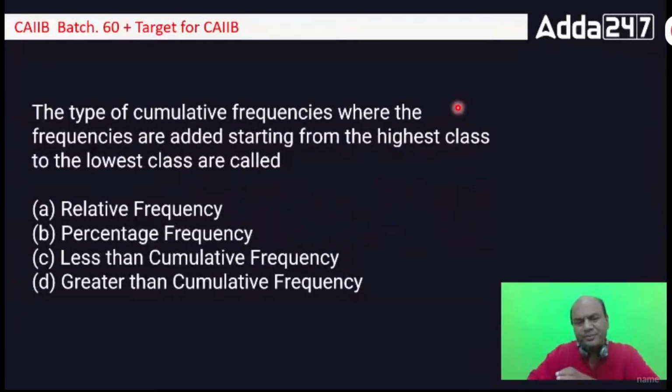D, correct? Greater than. Highest to lowest is greater than. Here, you are going from the highest class to the lowest class. So, high means what? Greater. So, it will be greater. Suppose if I go from lowest to highest, it will be less than. Okay?